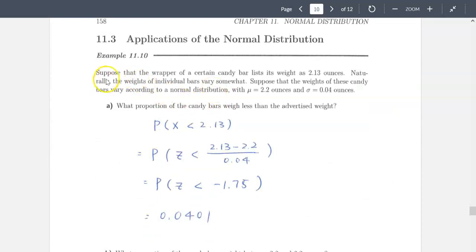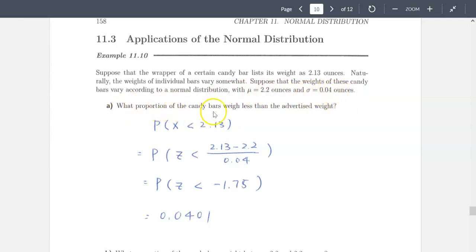So here it is. Suppose that the wrapper of a certain candy bar says its weight is at least 2.13 ounces. Naturally, the weight of individual bars varies somewhat. Suppose the weight of the candy bar varies according to a normal distribution, with the mean of 2.2 ounces and the standard deviation 0.04 ounce.